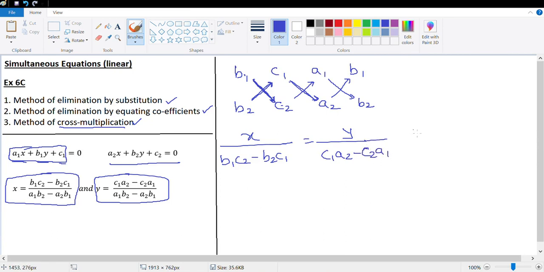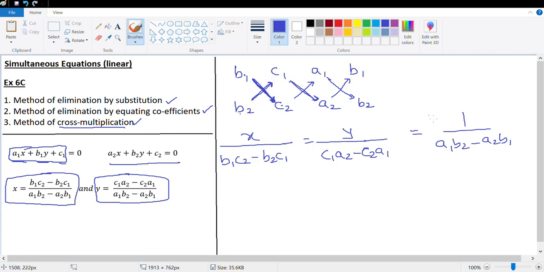And then the last one will be 1 upon a1b2 minus a2b1. Repeat, top left to bottom right is the first number minus bottom left to top right, that's the second number.